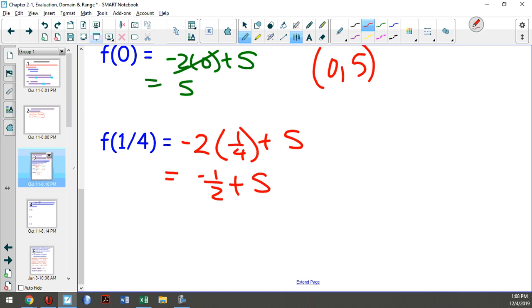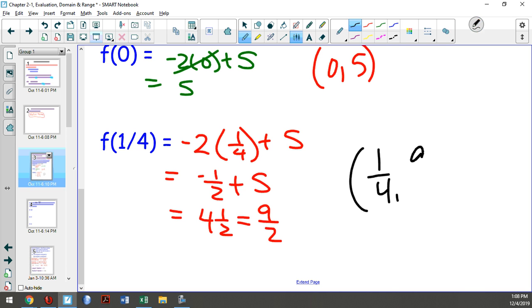You owe me 50 cents and you have $5. What is your change? 4.5, which is the same thing as 2 times 4 is 8 plus 1 is 9 over 2. Yes? I went from a mixed fraction to an improper fraction, correct? So what is that ordered pair? 1/4, comma 9 over 2.